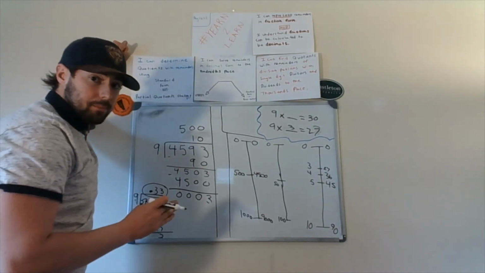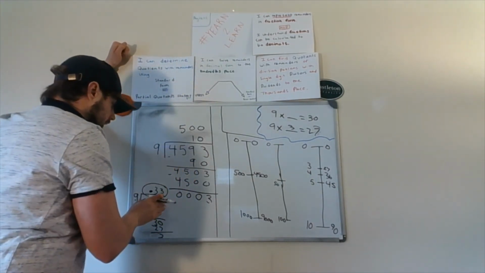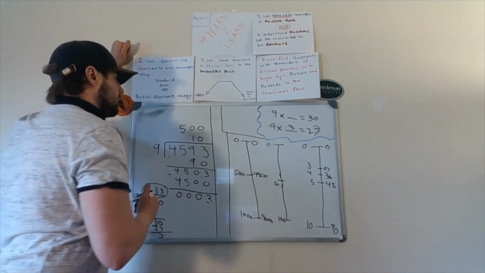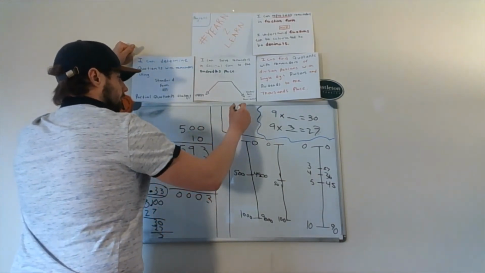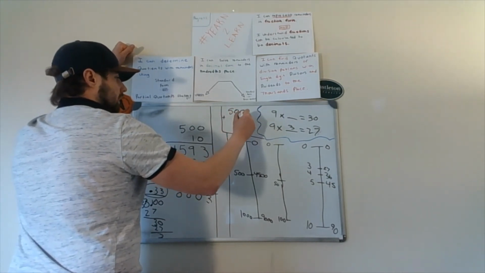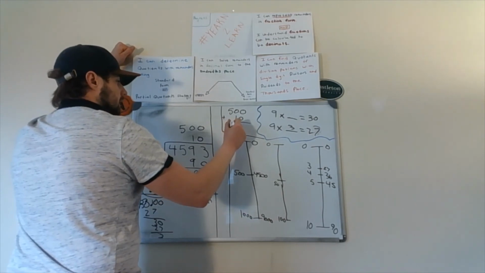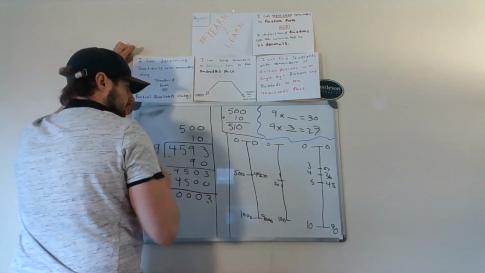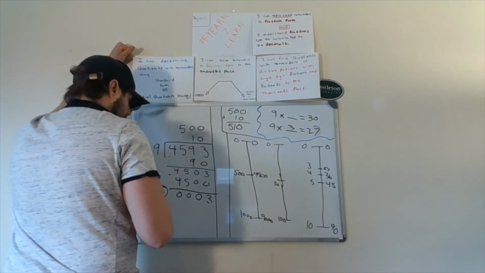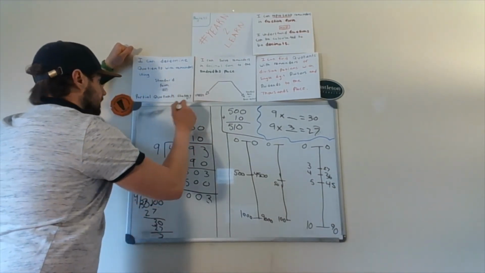Our last step, we need to add the partial quotients and our decimal remainder. What is 500 plus 10 going to give me, guys? I'm just adding 10 to 500. That gave me 510. I then add my decimal remainder, 33 hundredths.